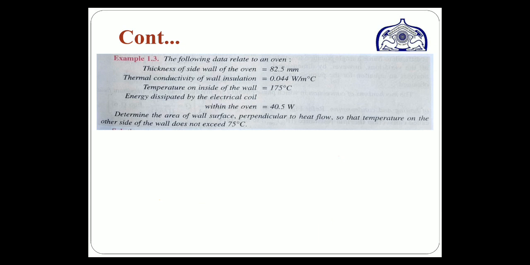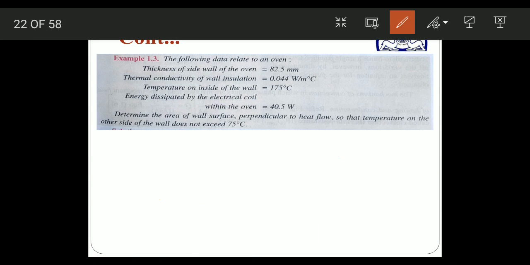Now let us see the next question, that is question number 3. The following data relate to an oven. Thickness of the side wall of the oven is given. Let us consider this is the side wall of the oven. 82.5 mm is the thickness. Thermal conductivity is given 0.044.